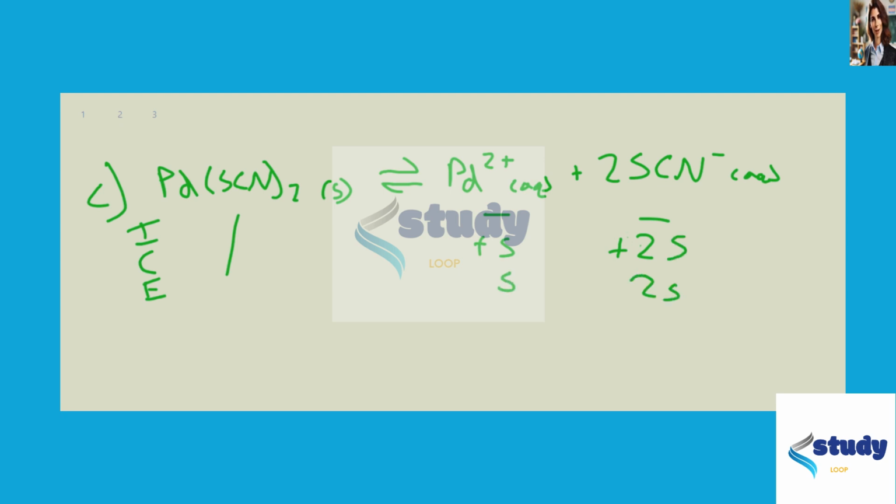And we can draw our term for KSP, which, because we have S and 2S, when we multiply them together and square 2S, we get 4S cubed, which comes from here, to be clear.